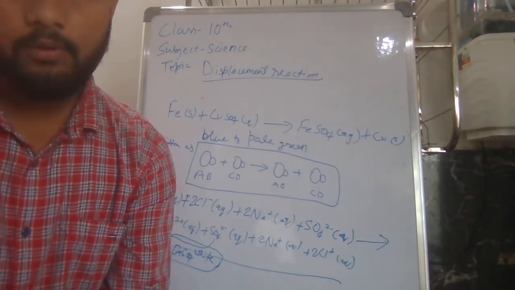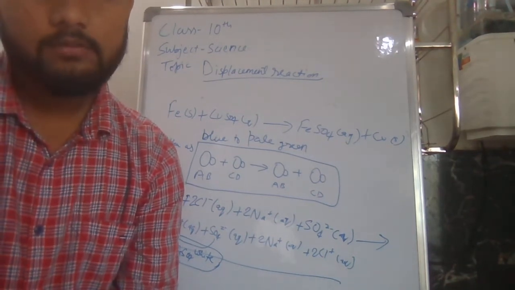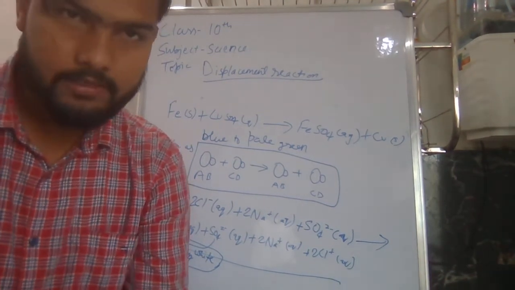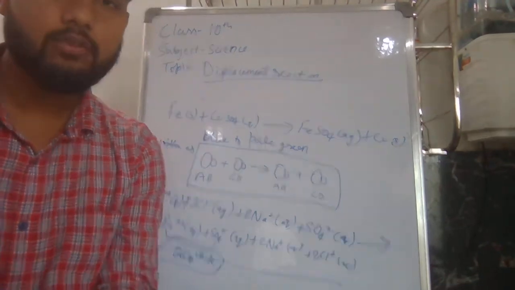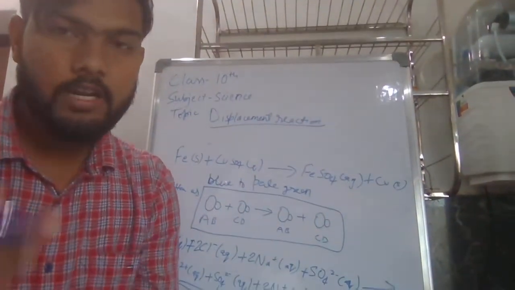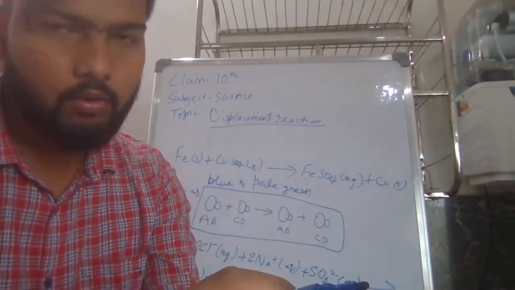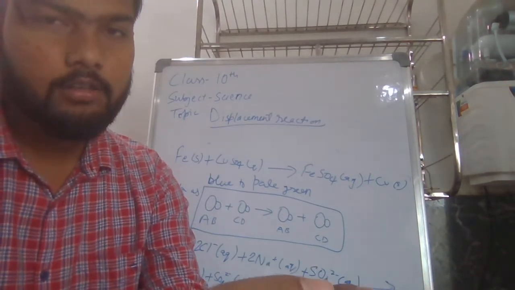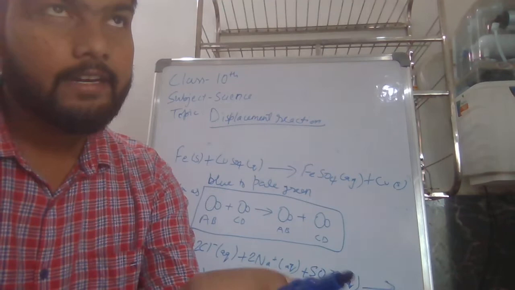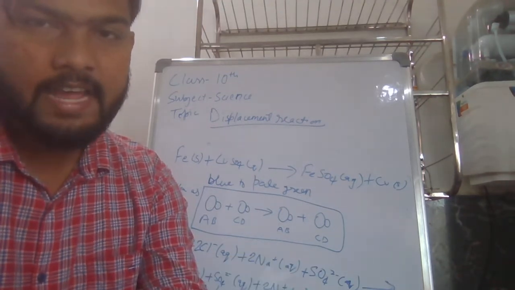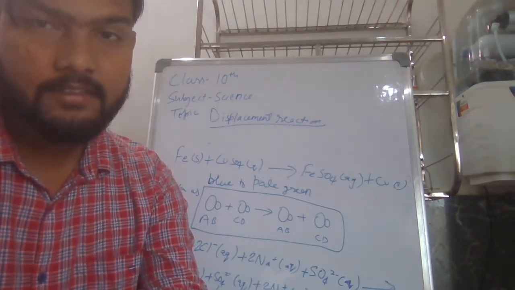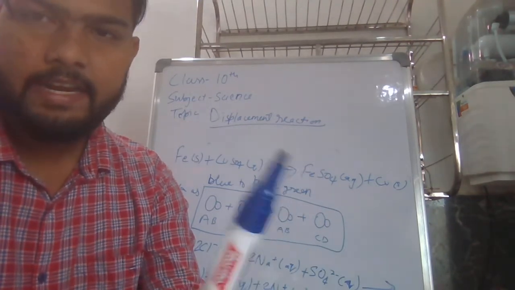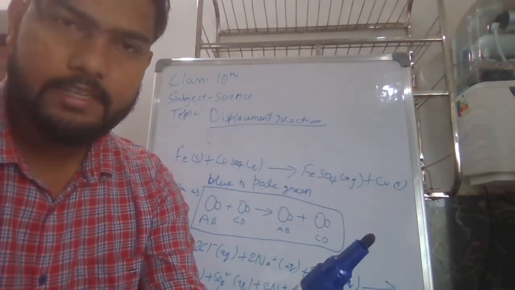Moving next, let's recall today's class. Today we have learned about displacement reactions. Now let's summarize our class. First, displacement reaction is defined as the chemical reaction in which a more reactive element displaces a less reactive element from its compound.